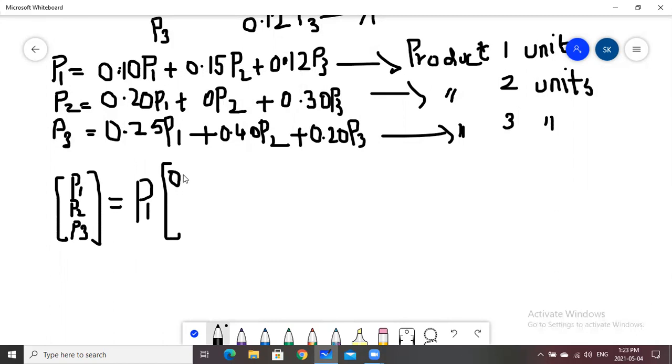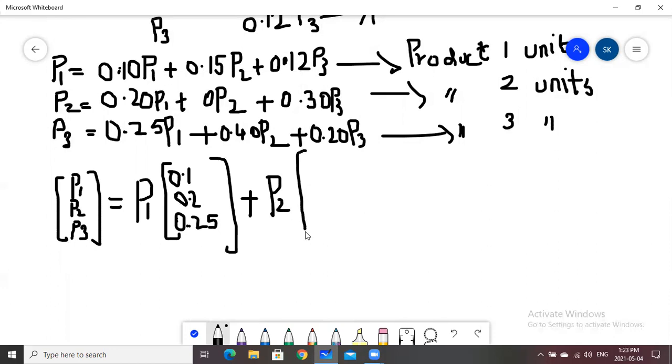The values of P1 form a 3 rows 1 column matrix: 0.1, then 0.2, and in the end 0.25. Plus P2, the values of P2 are 0.15, then 0, and then 0.40.